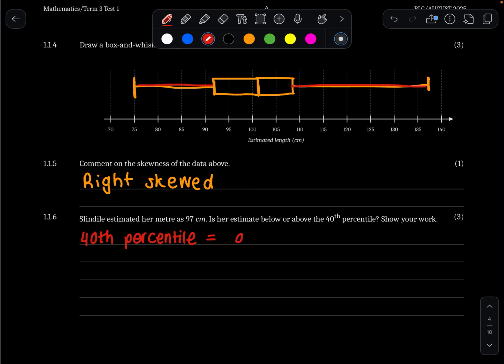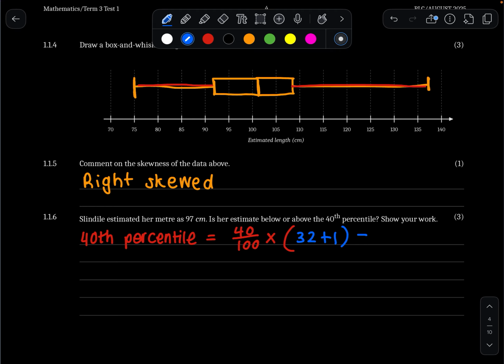So that's 40 over 100. So 40 divided by 100 times by the number that we had. So we have 32 learners, and we always add 1. So times by 32, add 1.